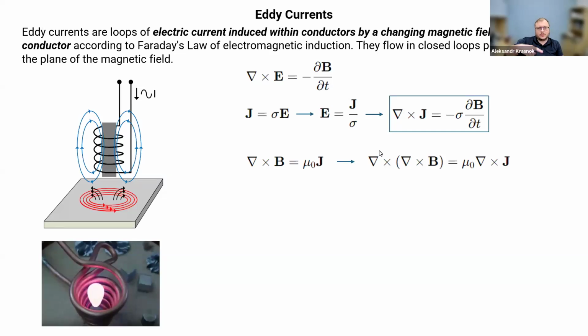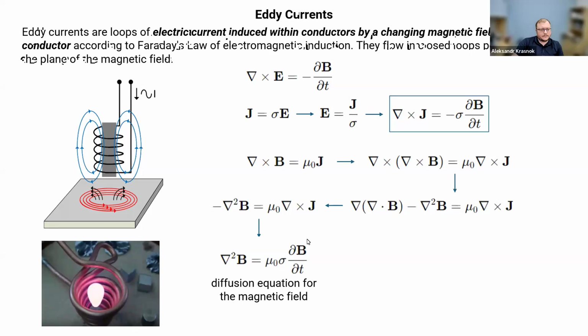Again, rewriting the curl of curl through gradient of divergence minus divergence of gradient leads us to this. Now, again, taking into account that the divergence of any magnetic field is 0, we come to this equation.